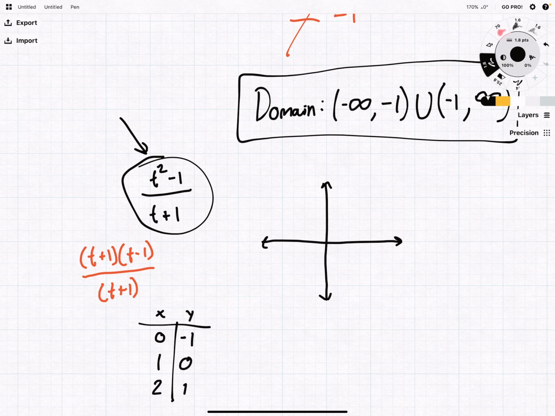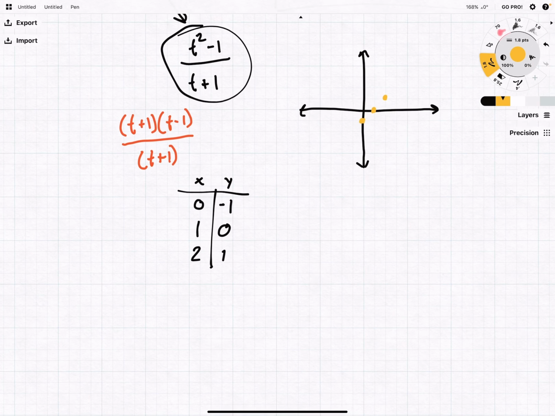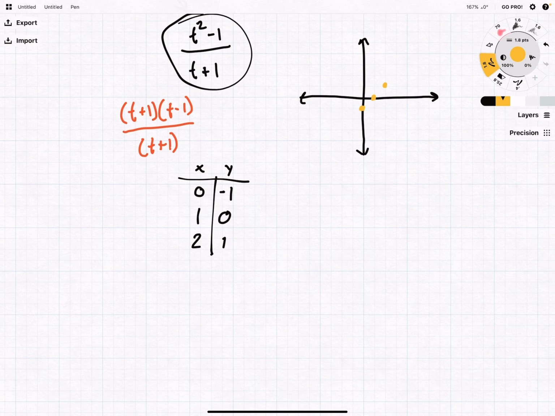And what we can see is this actually has a very linear pattern to it. And I'll draw this in yellow, that way it's easier to see. So 0 gets us -1, 1 gets us 0, 2 gets us 1, and so on and so forth, except, well, what happens if we plug in -1? Well, t squared, -1 squared, that's just 1.